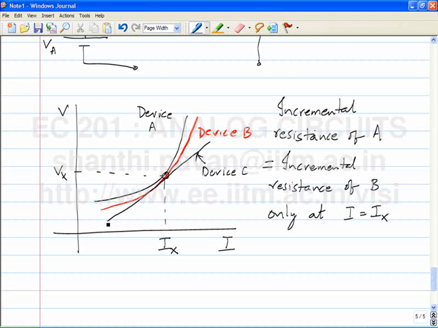The notion of small signal has to do with neglecting the higher order terms in the Taylor series when compared to the first term, and that obviously depends on the nature of the nonlinearity. So 1 millivolt could be small signal in one application and could be very large signal in some other application, depending on the device. Does it make sense? Great.